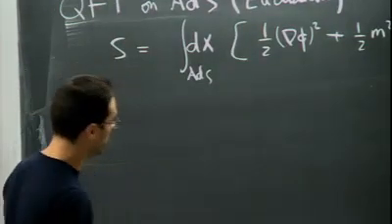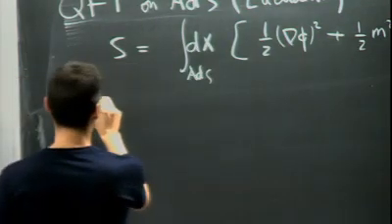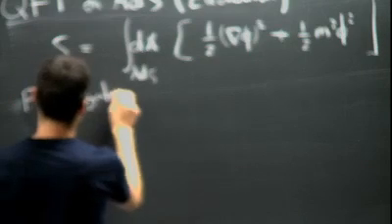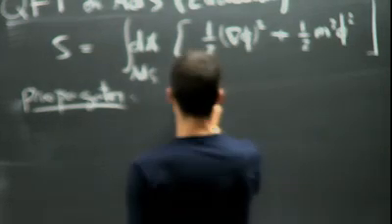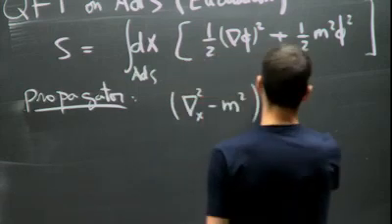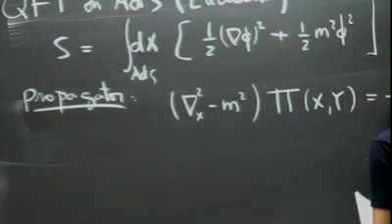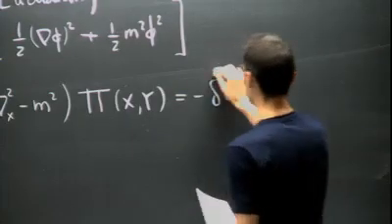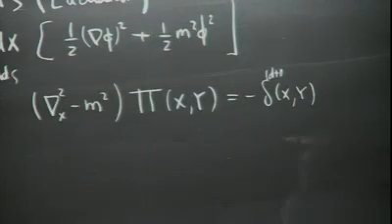So if it's a free field, the only thing you have to know to compute correlation functions is to know the propagator. Okay, so what's the propagator? So the Euclidean propagator is just the Green's function, so I'll call it pi from x to y, and it has to obey this equation, where this is a d plus 1 dimensional delta function with the AdS measure.